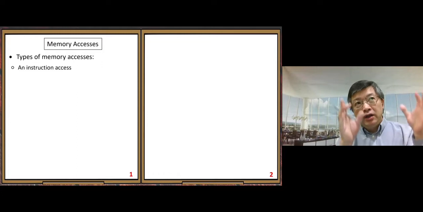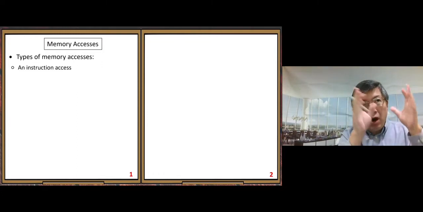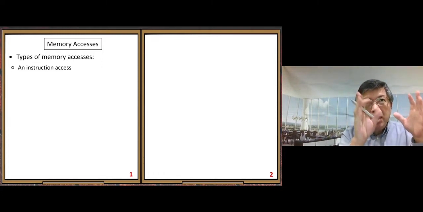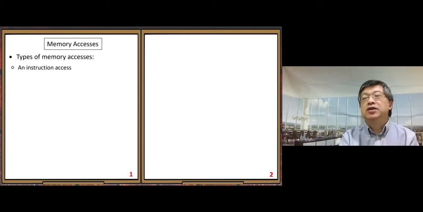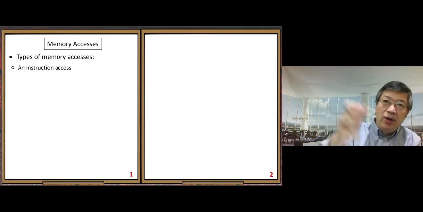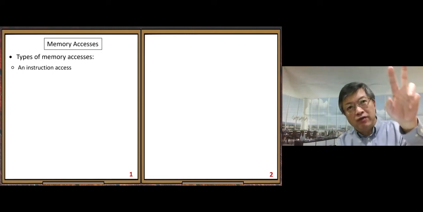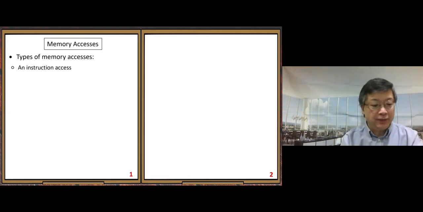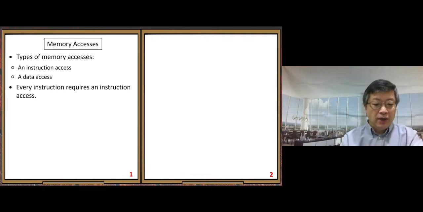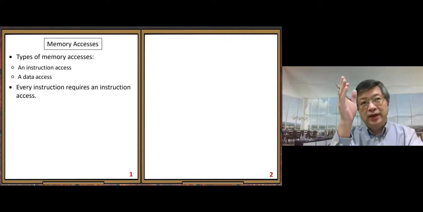When you do the operation, you may need some operands, so you also need to load data from the memory. So these are the two types of memory accesses.